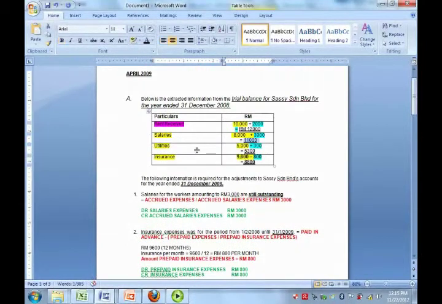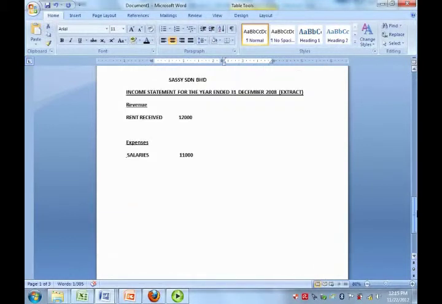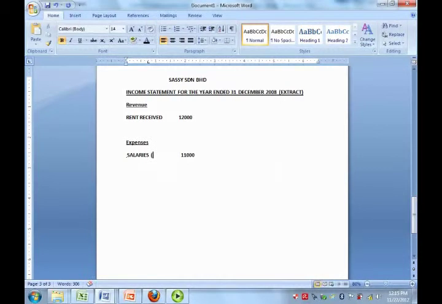Correct? You have added up. Next is your utilities. Can I know the amount of the new utilities? 5,300. Don't use the whole amount because you have added. Correct. So based on your salary, it is 8,000 plus 3,000.